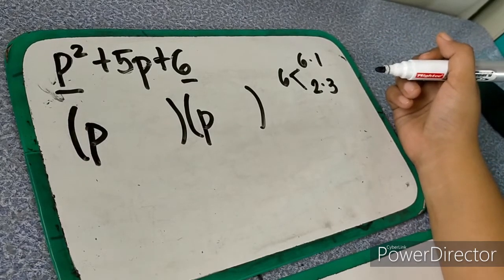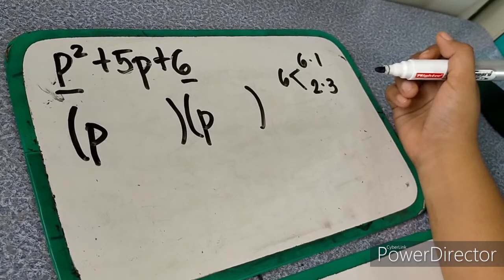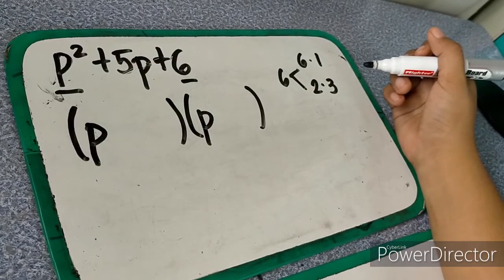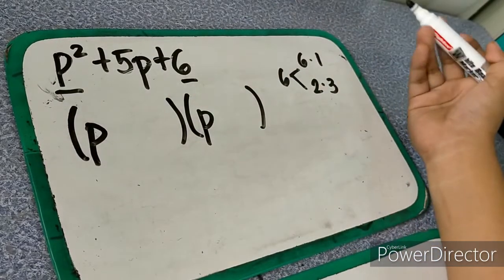Next step, identify which factor sums up to the middle term. Or, kapag inadd natin yung factors, i-check natin kung nagsa-sum up sa middle term. Or pag inadd natin, kaparehas ba siya ng middle term.